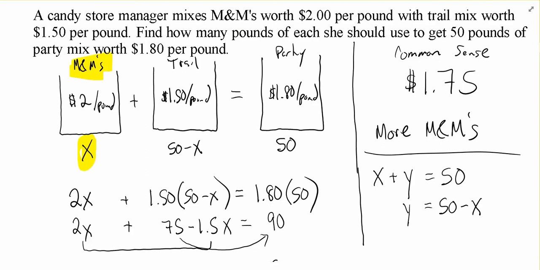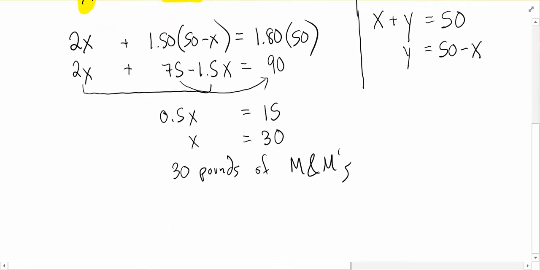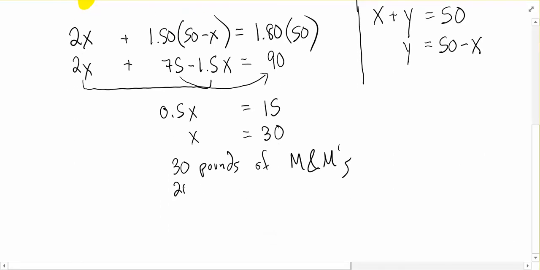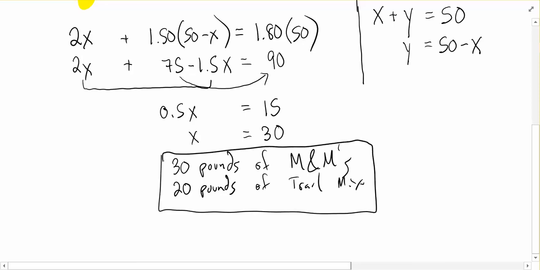And then if we come back to our problem, for trail mix, it was 50 minus X. 50 minus 30 would be 20 pounds of trail mix.